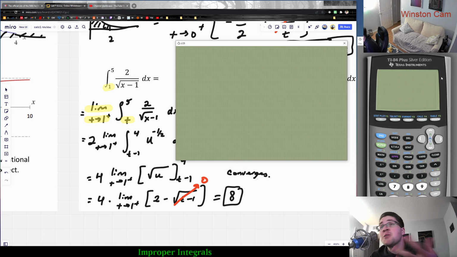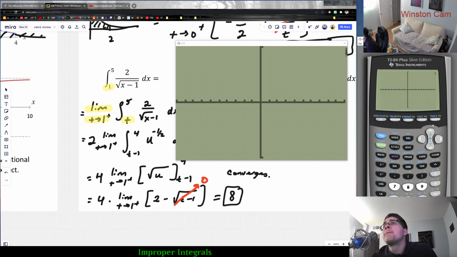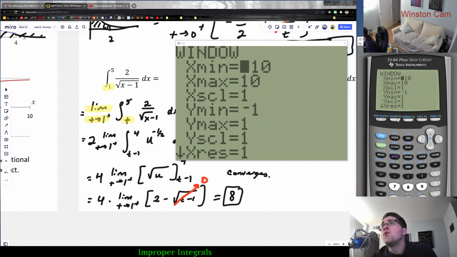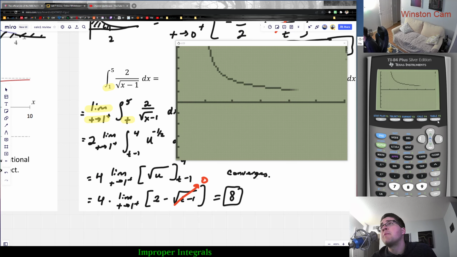If we take a peek at our graph here, let's graph the original function, 2 divided by the square root of x minus 1. Our window is a little bit messed up from before, but we really just care about this from 1 to 5. So let's graph it from 0 to 6 and say negative 5 to 5, just using some random numbers to visualize what's happening from 1 to 5.